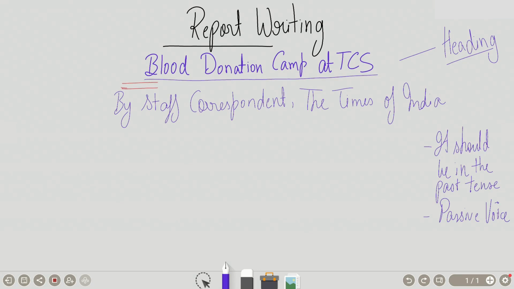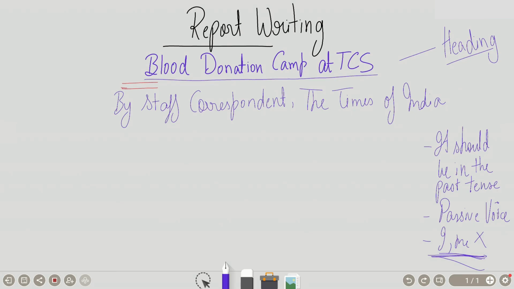Number three, I and me, the first person, shouldn't be in the sentences while you are writing the report. So these are the three main things that you should note. Past tense, passive voice, and not using the first person like I and me. Understood?